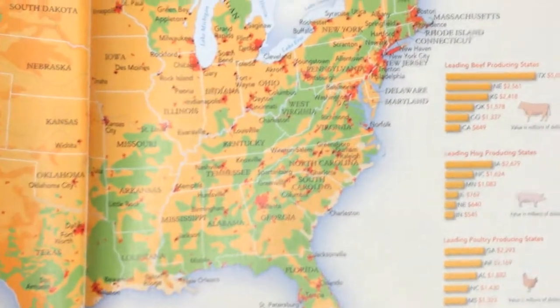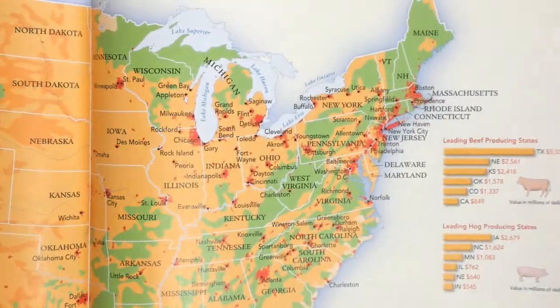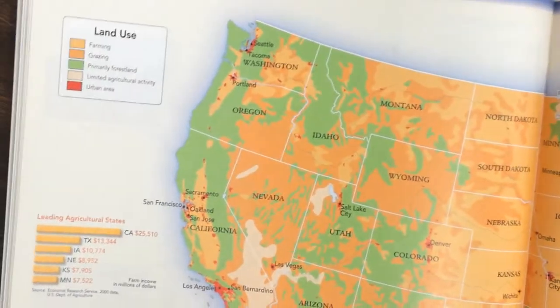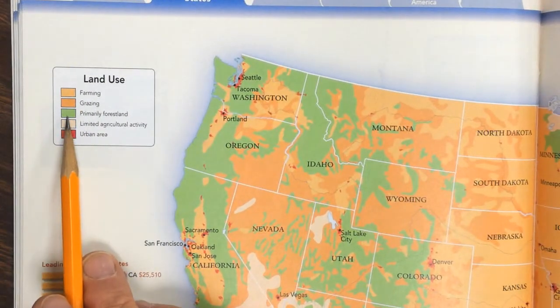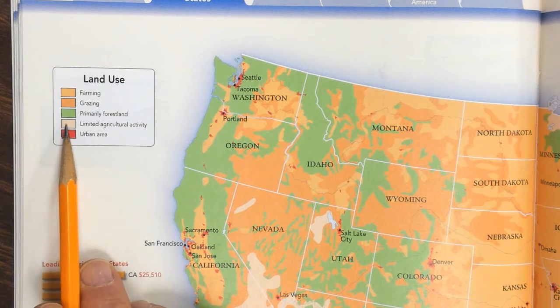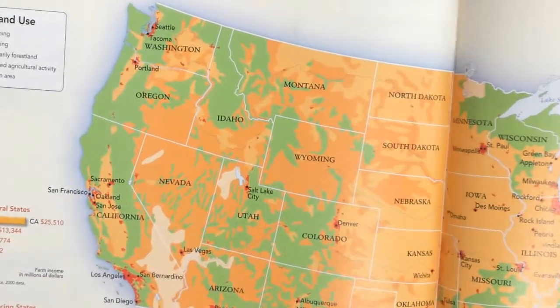I'm going to go over here to my map. And I'm just going to flop it open to a page right there. And I'm going to look at that page. And I'm going to see what that page is showing me. Over here, it shows me the key: farming, grazing, primary forest land, limited agricultural activity, and urban area. Okay? So I'm looking at the map.